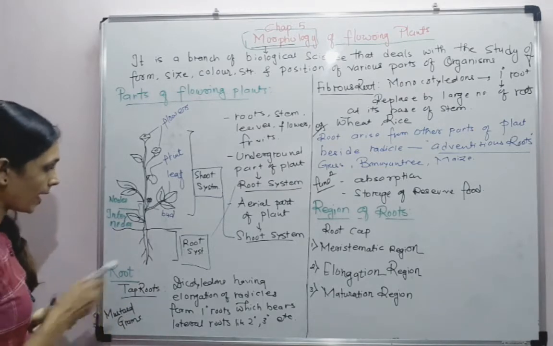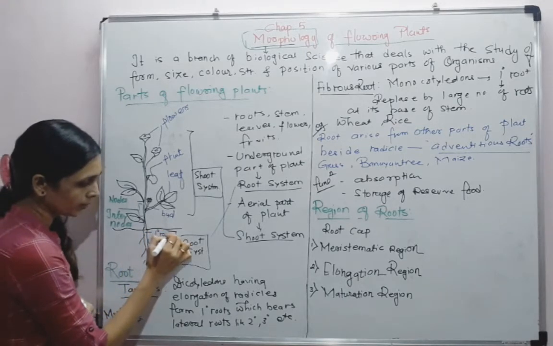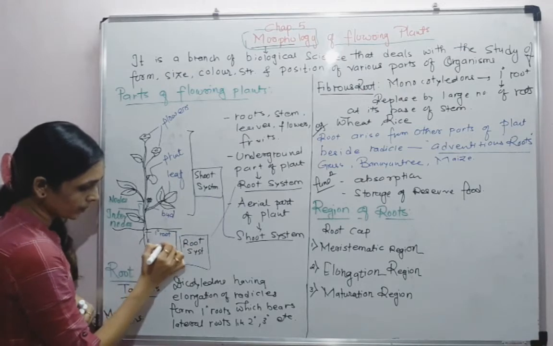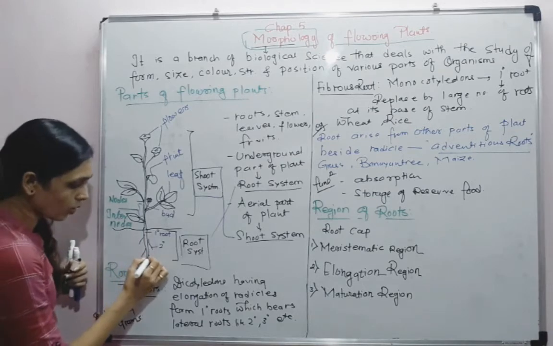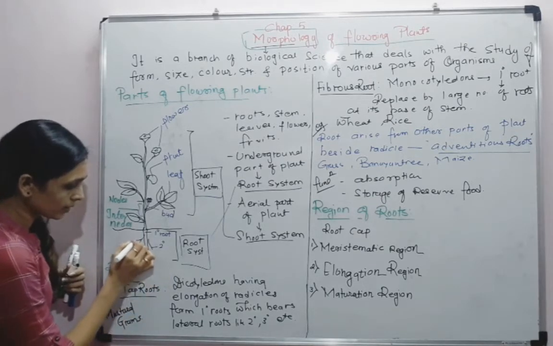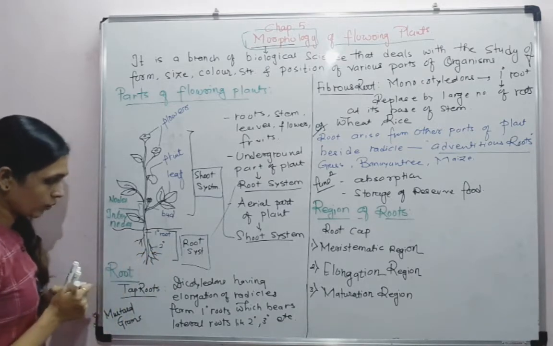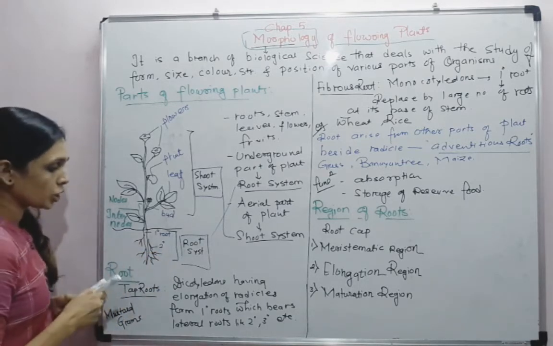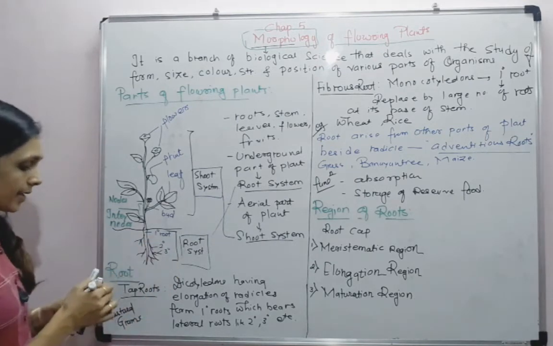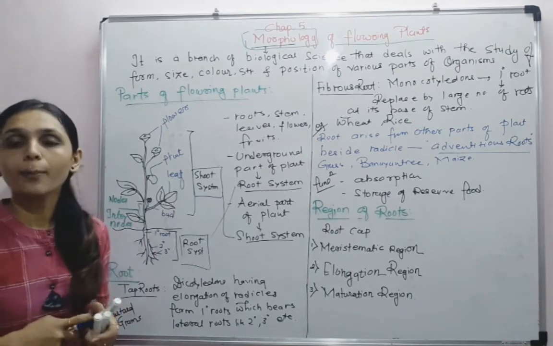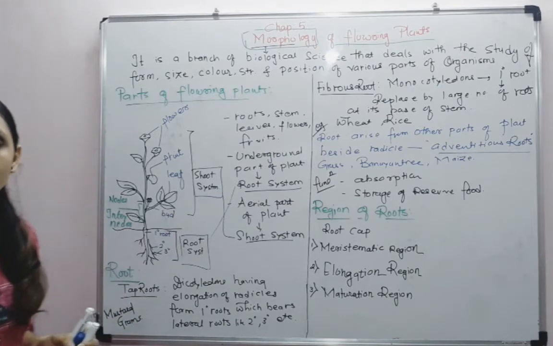Then what about this part? Primary root, secondary roots, and if there are other roots on these, they are called tertiary. These primary, secondary and tertiary roots together constitute the whole root system.